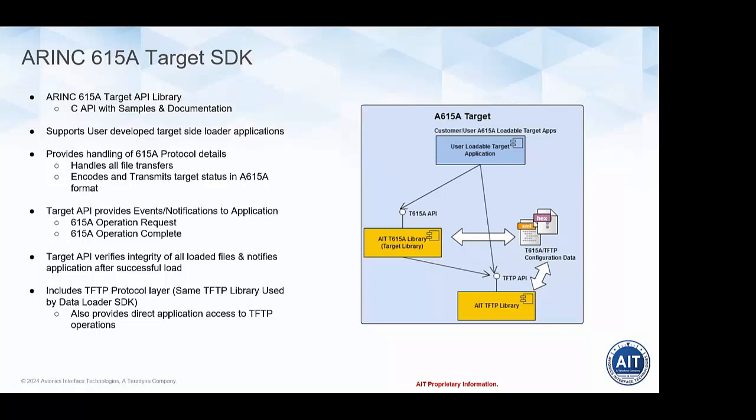The target API also verifies all the load files when they're transferred. We'll talk about it in a couple slides, but if you were at any of the previous webinars, we talked about ARINC 665 media sets and how there are overhead files, like a header file, that include CRCs, file lengths, and different metadata about a loadable software part. So our target side library will read those 665 specific files in addition to the application specific binaries.